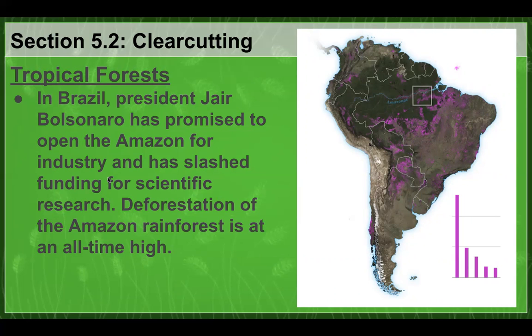And as a result, the deforestation of the Amazon rainforest is unfortunately at an all-time high. So hopefully this is something that will not continue for very much longer. But just so that you know, the Amazon rainforest is in kind of dire straits right now.